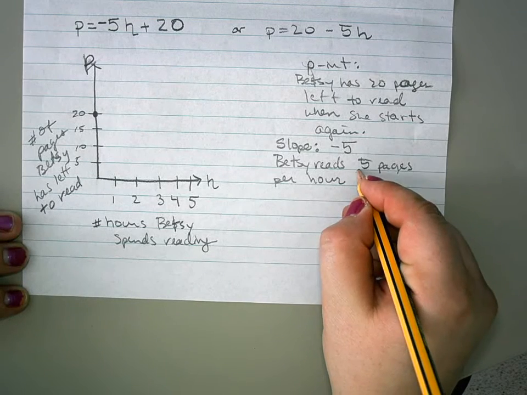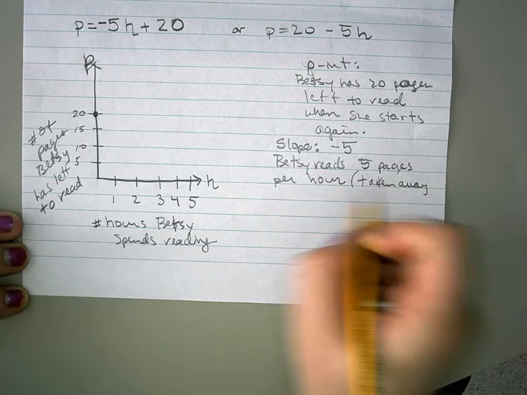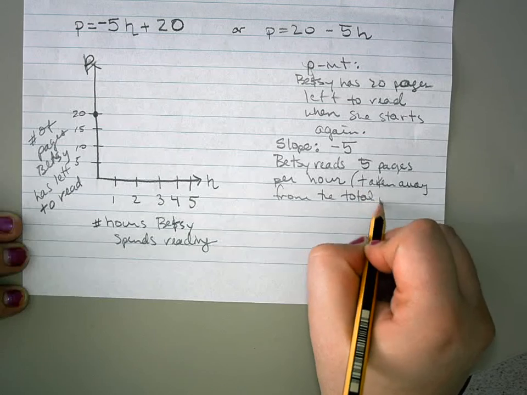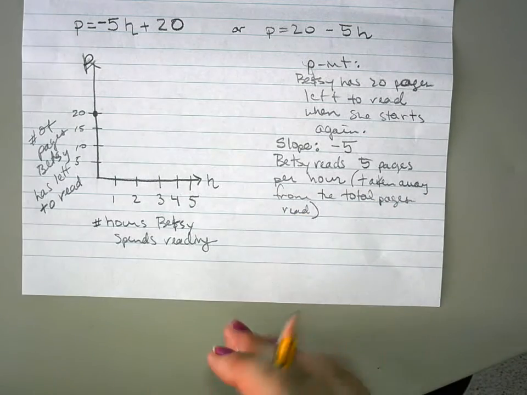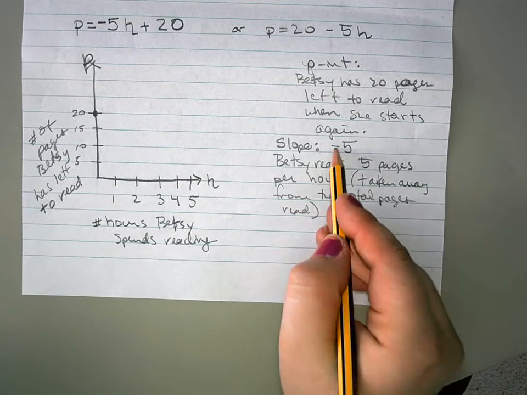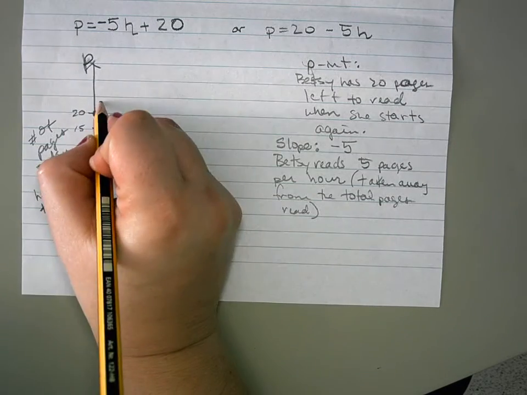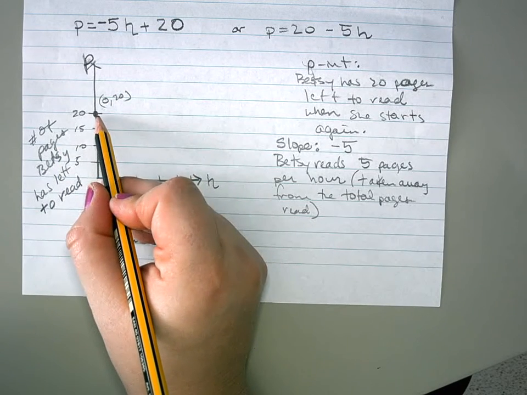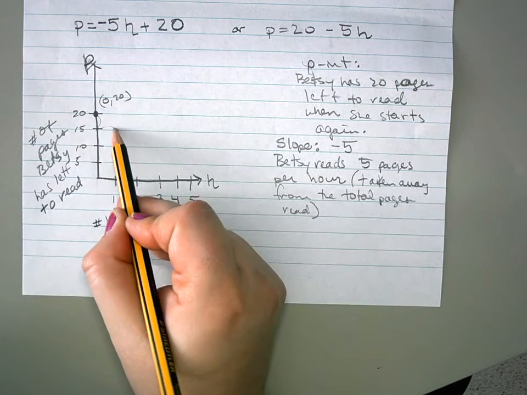And you can make a little note that it is taken away from the total pages. You can just make a note of exactly why we have negative there, because I'm sure some of you were wondering why. We're taking that away from the total of 20. So we have 0, 20, we have -5 for every hour.